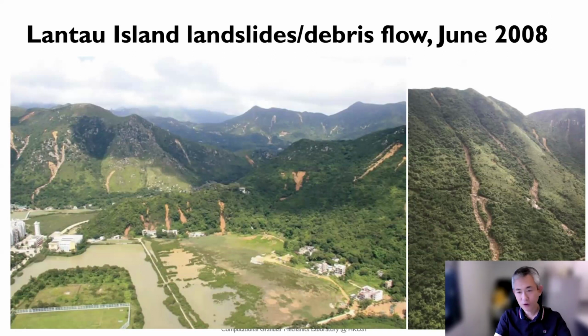So debris flow indeed is one of the major natural hazards for Hong Kong, and I guess also in many other places around the world. It caused huge property damage as well as human life losses.